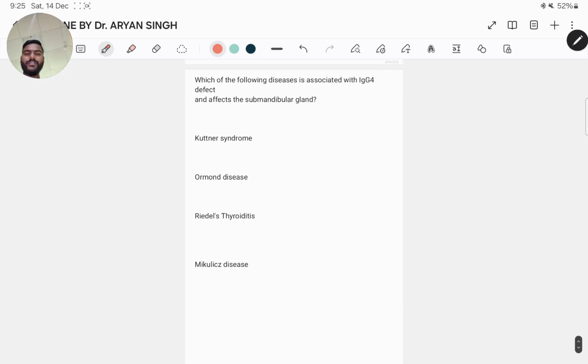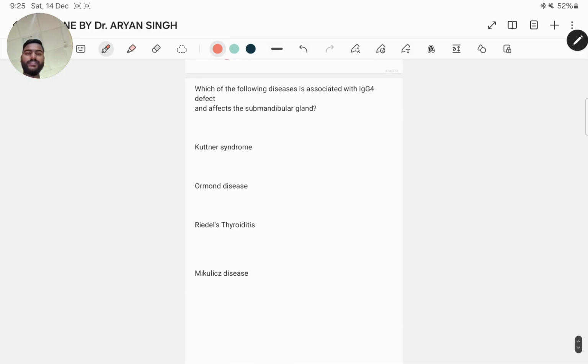Next question. Which of the following diseases is associated with an IgG4 defect and affects the submandibular gland? Kuttner syndrome, Ormond disease, Riedel thyroiditis, and Mikulicz disease. The best answer is Kuttner syndrome, because Kuttner syndrome is associated with an IgG4 defect and affects the submandibular gland. Ormond disease is associated with IgG4, but it causes retroperitoneal fibrosis.